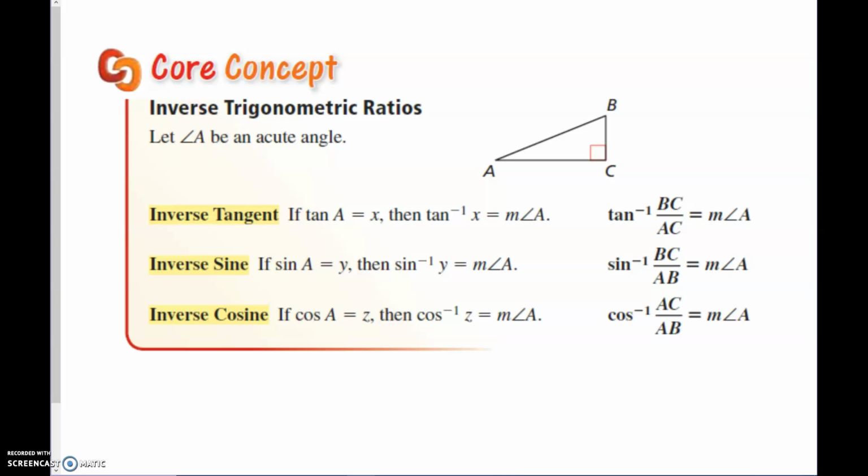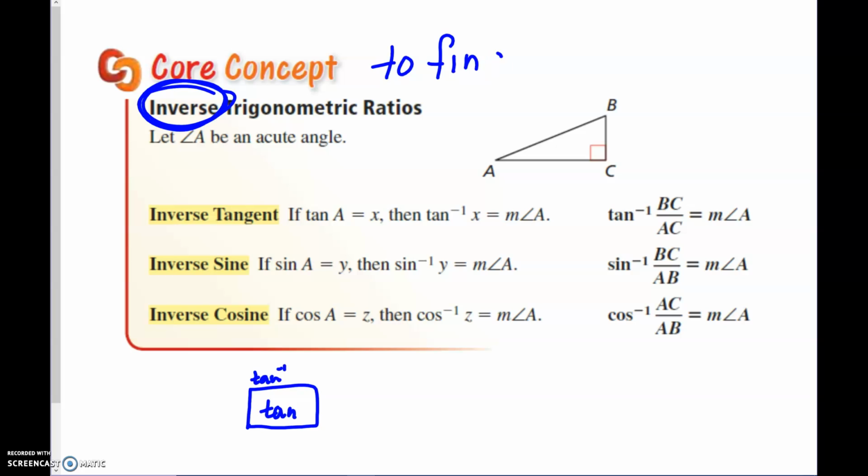All right, let me erase this stuff over here. So that's what this screen is: the inverse tangent, the inverse sine, and the inverse cosine. If you look right above the tangent button on your calculator, you see tan -1. That is the inverse tangent. We use the inverse to find angle measures.